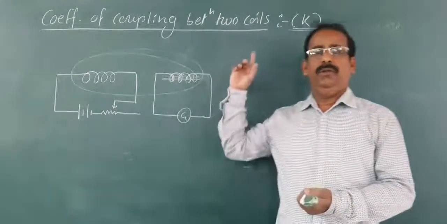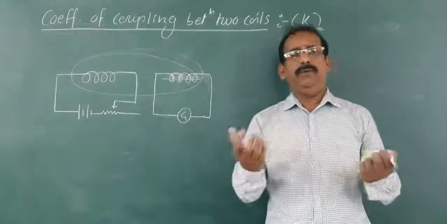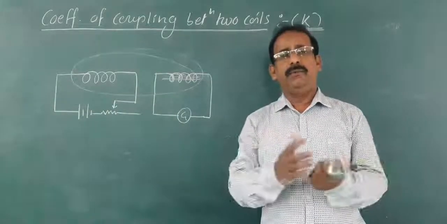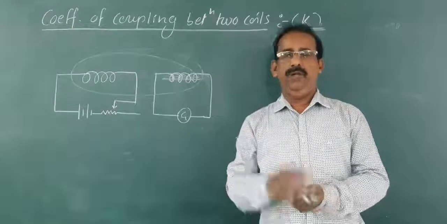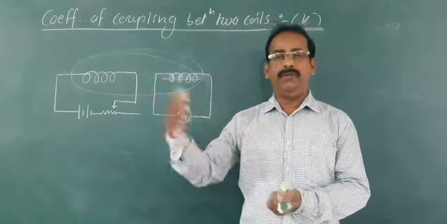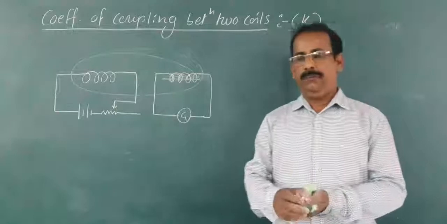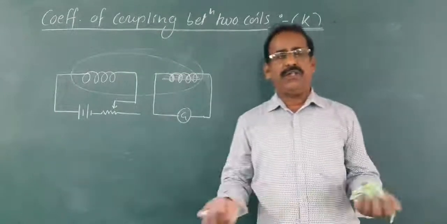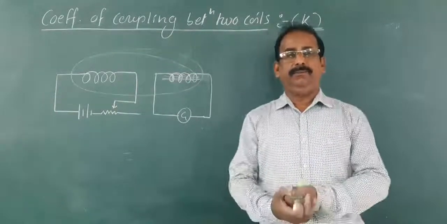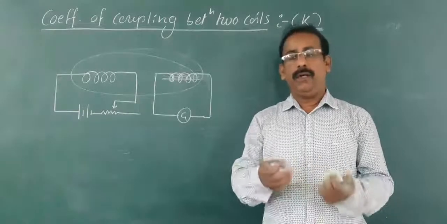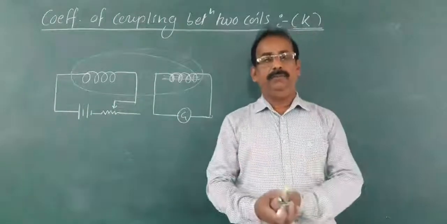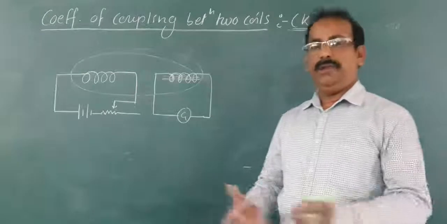Means K and M are proportional to each other. If K is more, you will get M also more. Now we will find the relation between K and M.